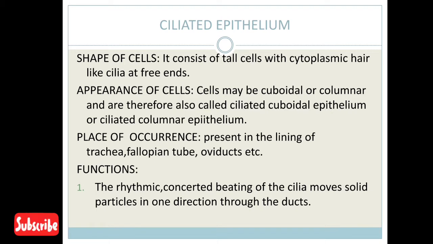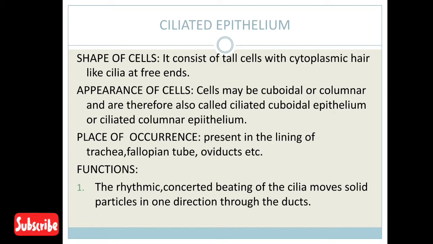This type of cells consists of some tall cells with cytoplasmic hair like cilia at the free ends, and the appearance of the cells may be cuboidal or columnar, and therefore it is also known as the ciliated cuboidal epithelium, or the ciliated columnar epithelium.